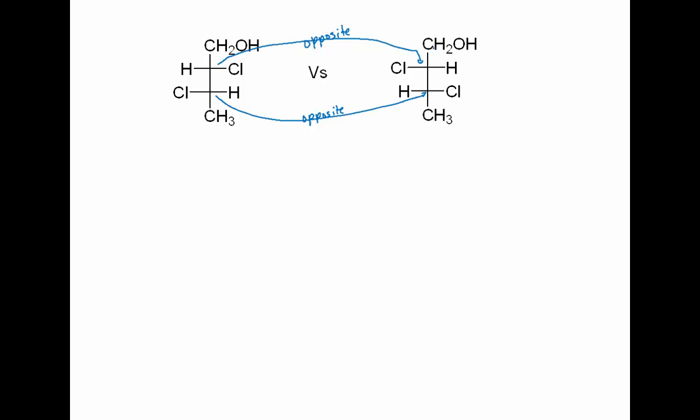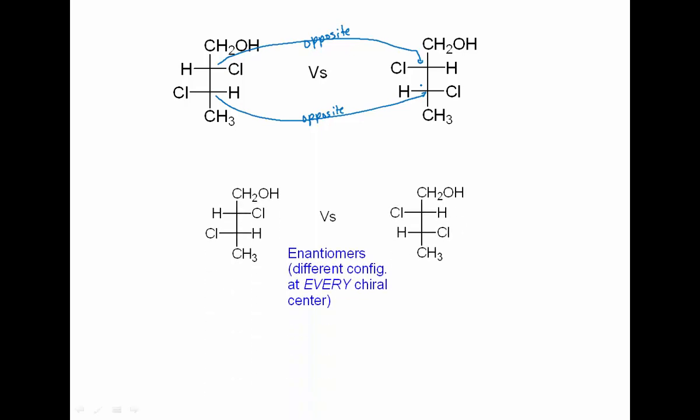Notice how we keep the same vertical array of substituents. We're just changing the horizontal. There's not enough symmetry in this compound for there to be a meso compound. Therefore, if they're opposite at every single chiral center and there's no possibility of a meso compound, they are enantiomers.